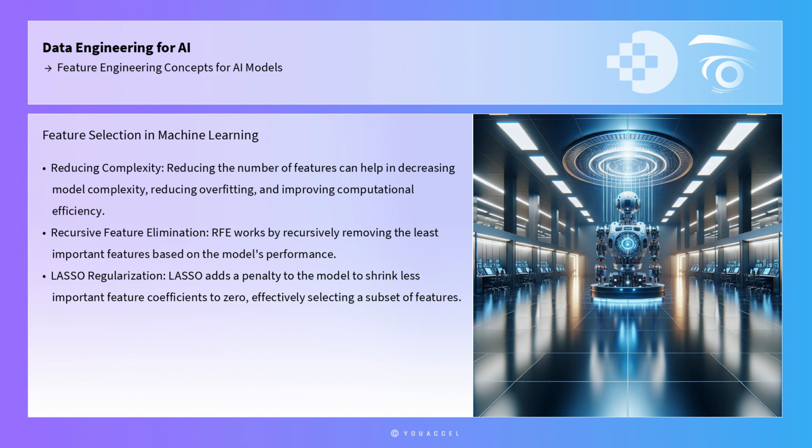RFE works by recursively removing the least important features based on the model's performance, while lasso adds a penalty to the model to shrink less important feature coefficients to zero, effectively selecting a subset of features. Tree-based methods, such as those used in random forests, provide feature importance scores that can guide the selection process.